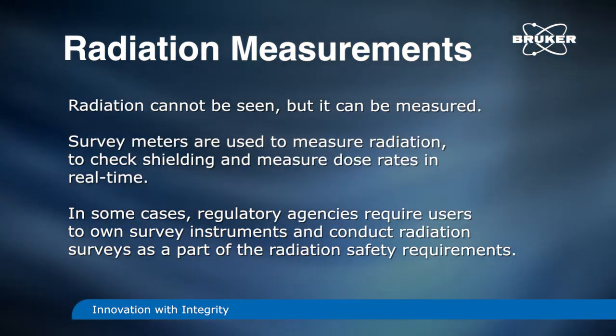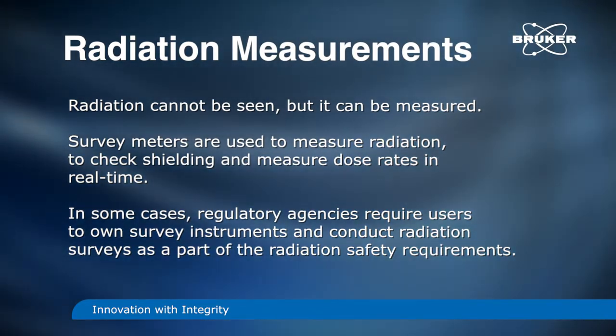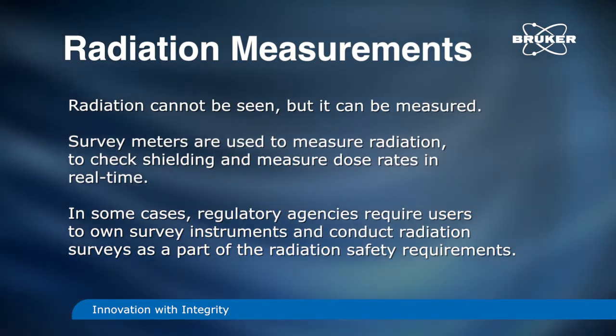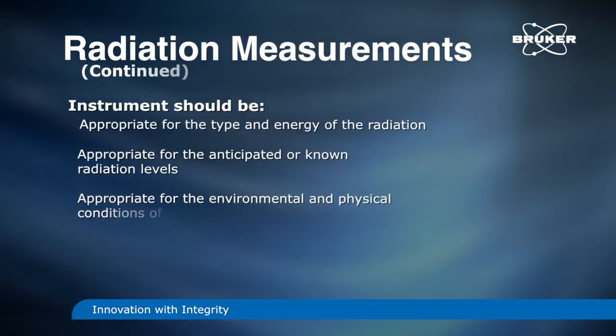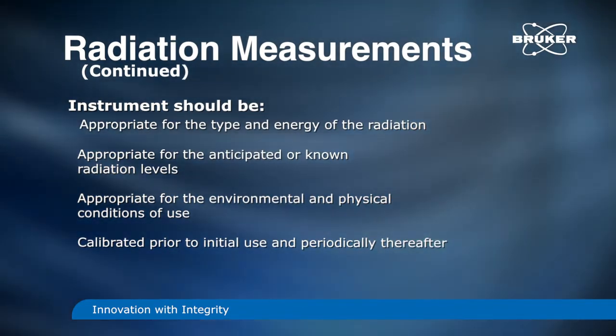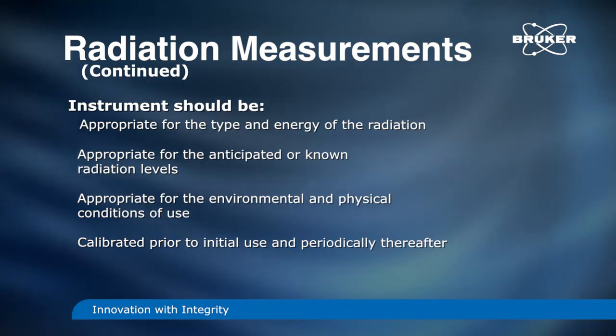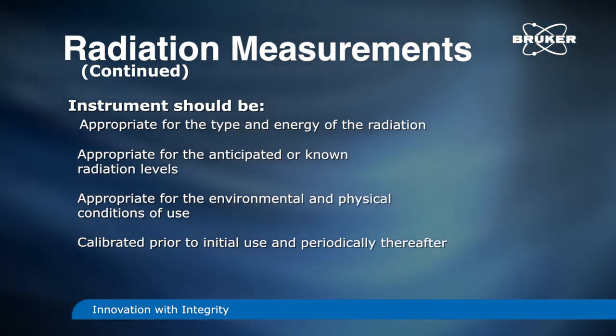In some cases, regulatory agencies require users to own survey instruments and conduct radiation surveys as part of the radiation safety requirements. Instruments selected for the measurement and/or detection of radiation should be appropriate for the type of energy of the radiation. Survey meters used for X-rays should have the capability to detect low energies.